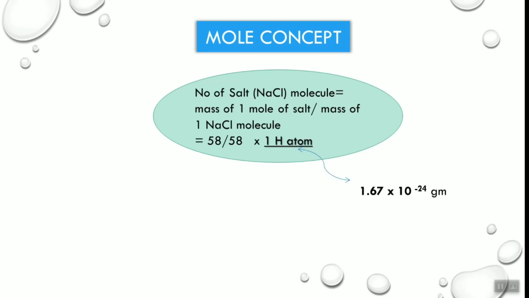See the example: the number of salt, that is NaCl molecules, is equal to the mass of 1 mole of salt divided by the mass of 1 salt molecule. So it will be 58 divided by 58, equal to 1 relative mass of 1 hydrogen atom, because 58 gets cancelled.